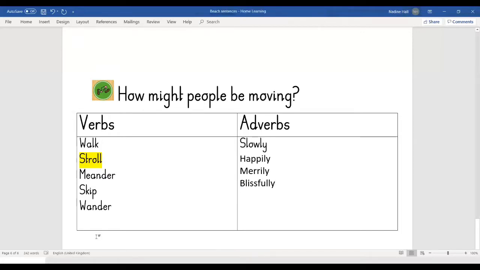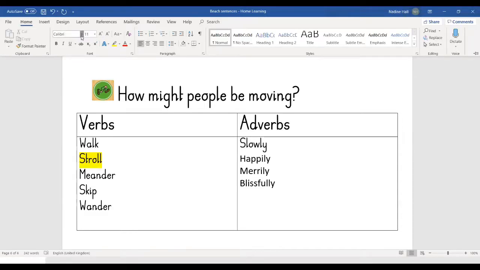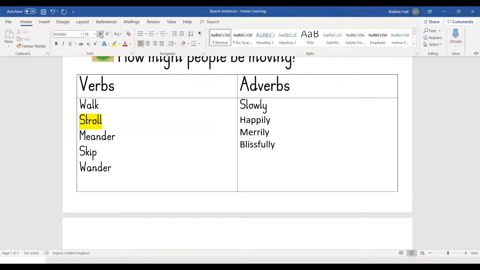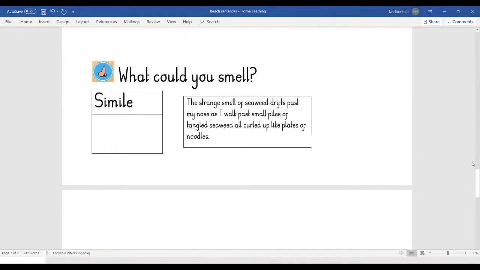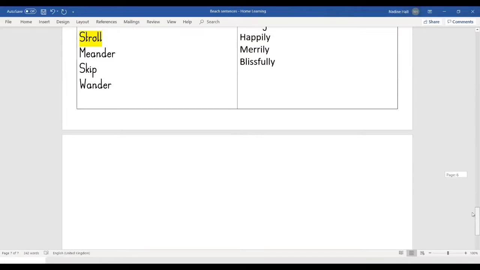Right, let me put this sentence together now. So starting with, sorry everybody, we need it a bit bigger than that, don't we? Okay, so an elderly couple.